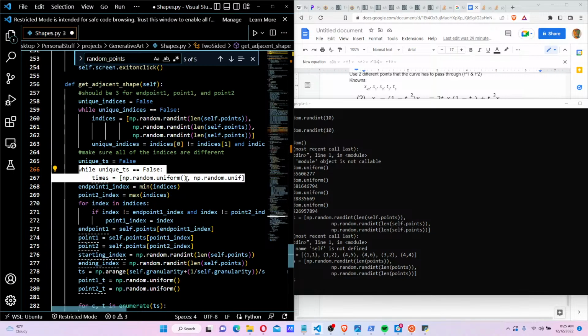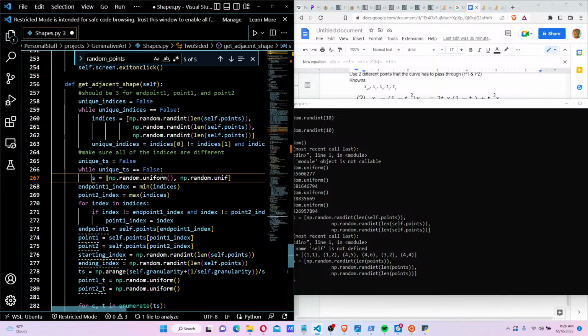Well, unique t's is equal to false, times. So basically I needed a unique time that's associated with each point. The time for endpoint 0 obviously is 0. All unique t's is equal to false.